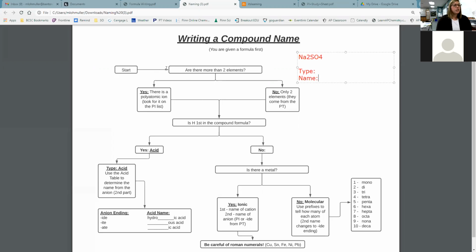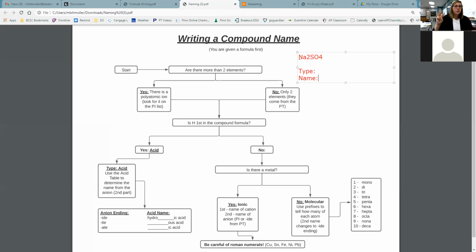So the first question you ask yourself when you're looking at the formula: are there more than 2 elements? This is going to help us determine if we have a polyatomic ion or not. So when I ask more than 2 elements, I'm not necessarily looking at the subscripts right now. I'm more looking at the unique different element symbols. So in this one, we have sodium, sulfur, and oxygen.